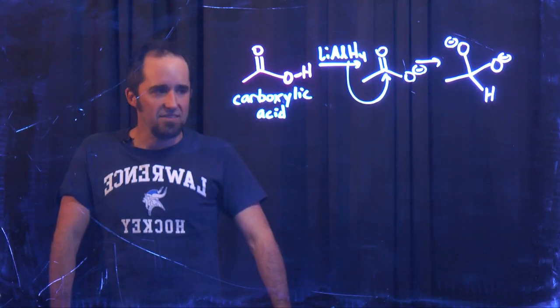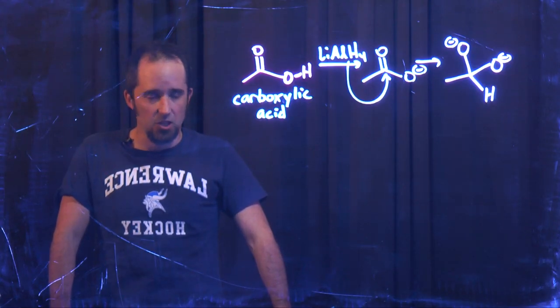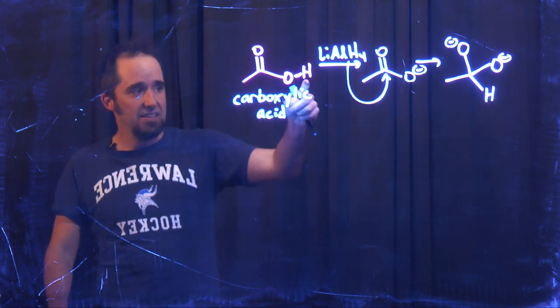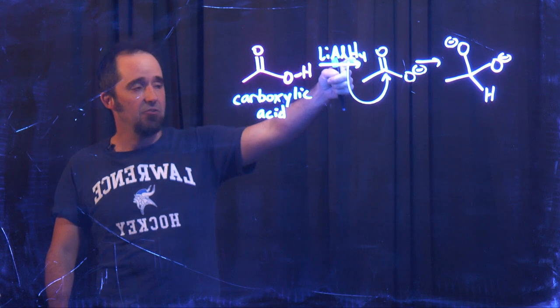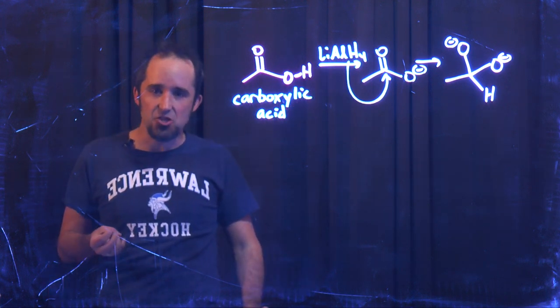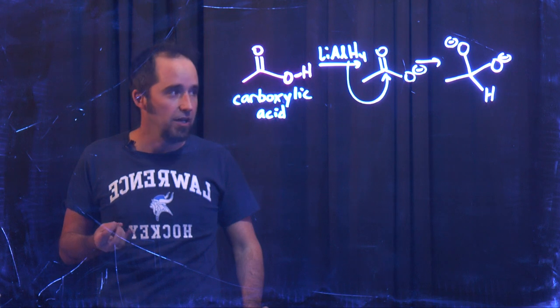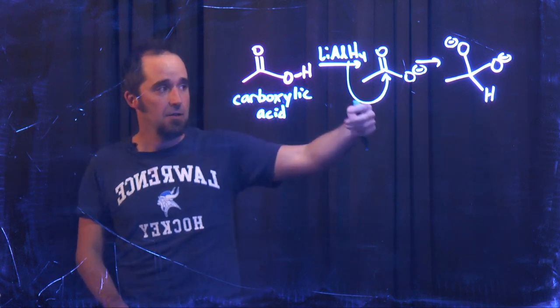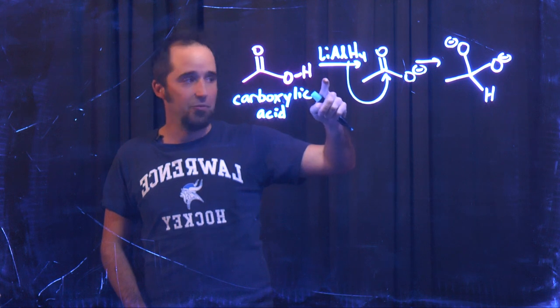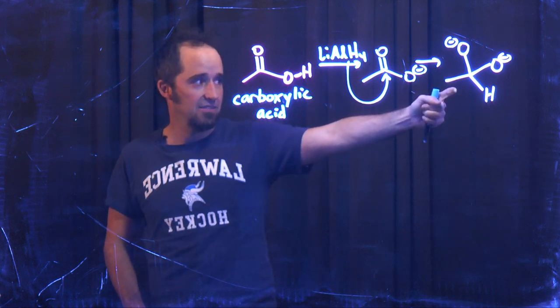So how do carboxylic acids get reduced by lithium aluminum hydride? Well, like I said, anything even remotely acidic is going to react with hydride first in a very quick acid-base reaction. You'll see a lot of H2 hydrogen gas bubbling up, and you'll get this carboxylate. But even this carboxylate will get reduced by lithium aluminum hydride to something that looks like this.